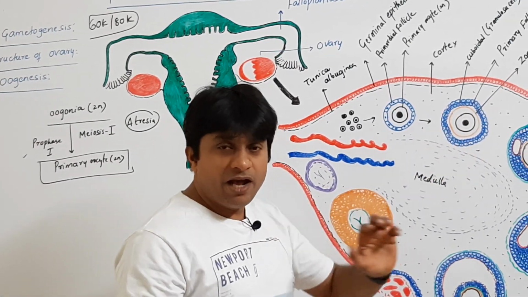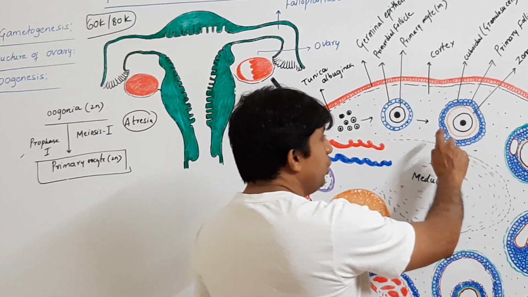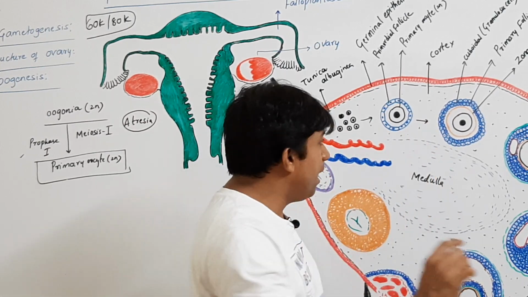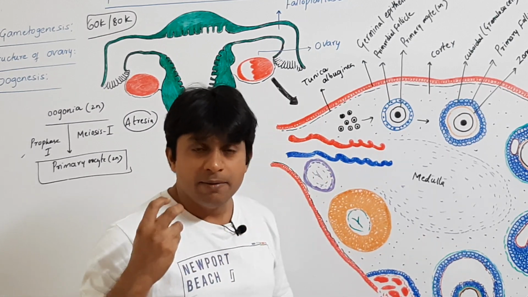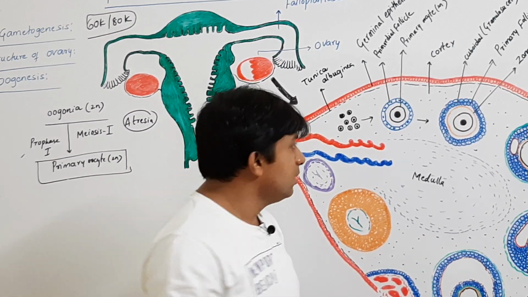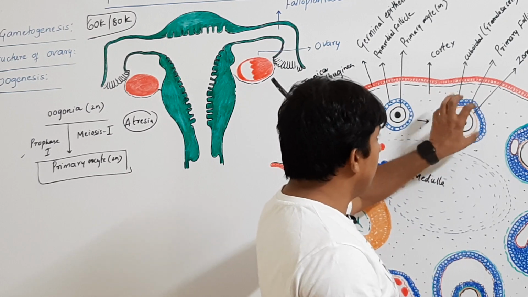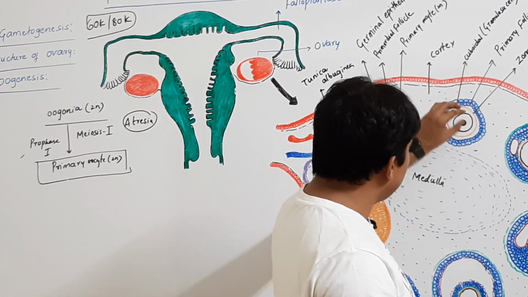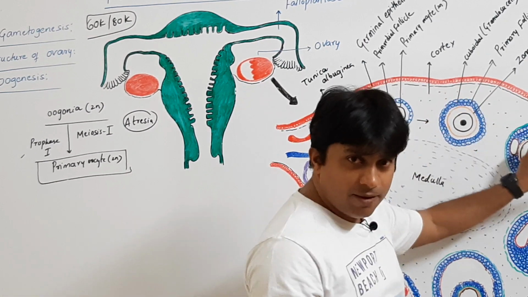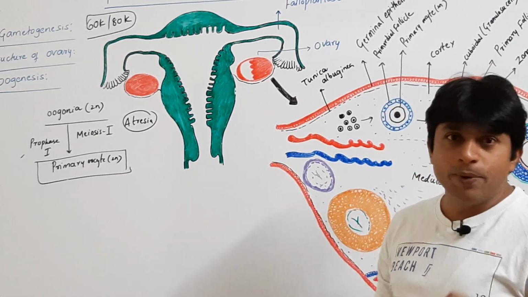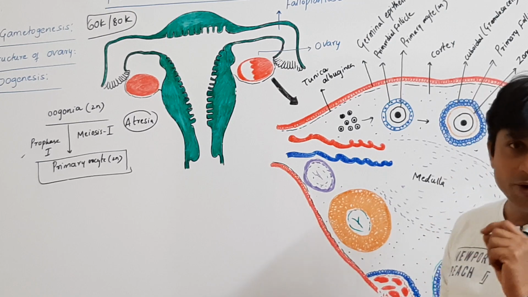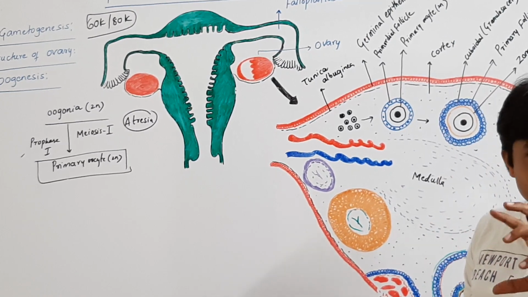Fine. For our simplicity, I am just showing you how one primary follicle develops and produces the mature ovum. This primary follicle will now undergo development under the influence of the gonadotropins, follicle stimulating and luteinizing hormones.